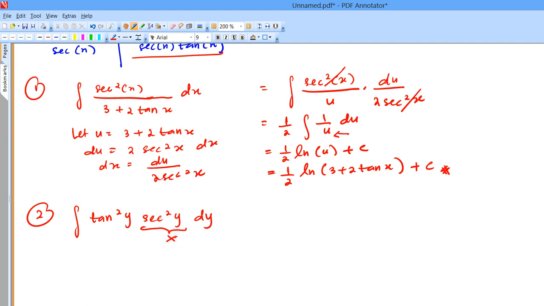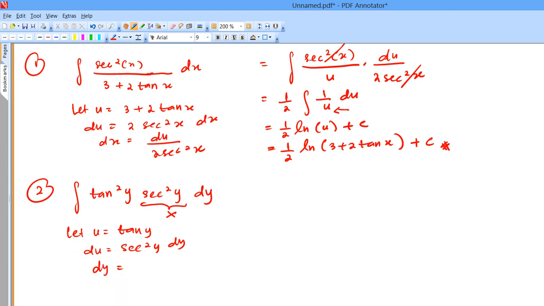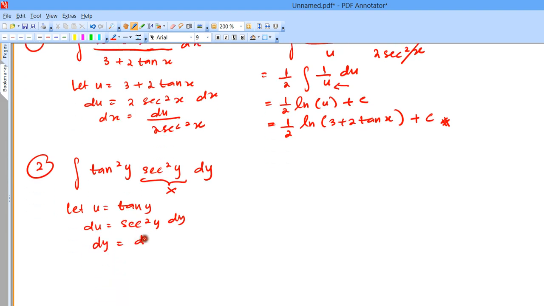If we want to eliminate secant square y, we need to let u equal to tangent y, and then differentiate both sides. du equal to secant square y times dy, or dy equal to du over secant square y.